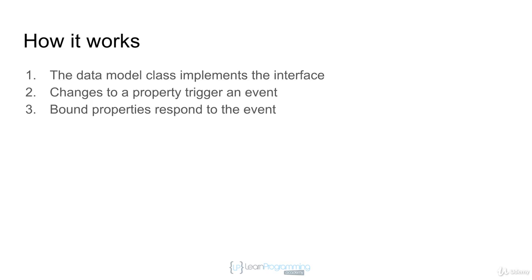And any changes to a property have to trigger this event. This means that we have to trigger the event on the set of the property. Remember that the property has both a get and a set. And it is in the set that we have to trigger the event. And bound properties are going to respond to the triggering of this event.